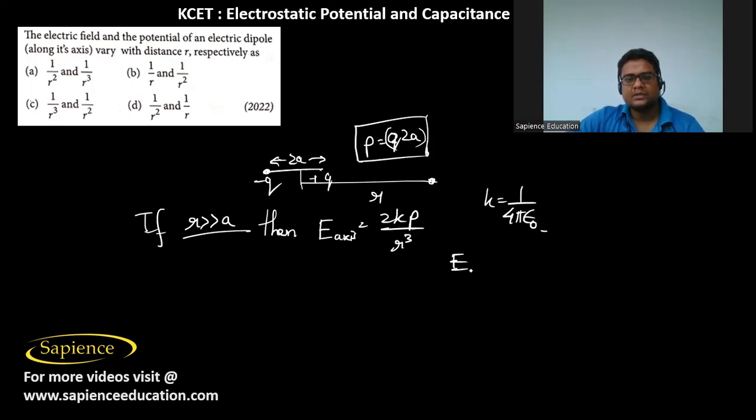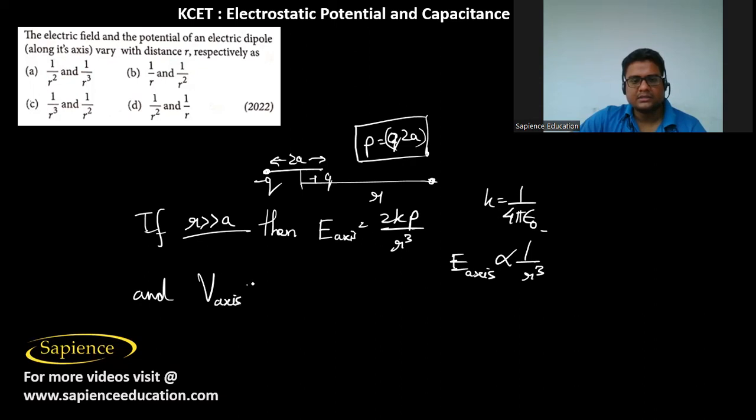So here, the electric field on the axis is inversely proportional to r cube, and the electric potential V on the axis at some value r, which is much more than a, will be given as k p dot r by r cube.